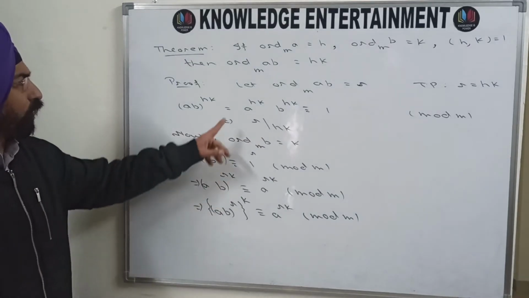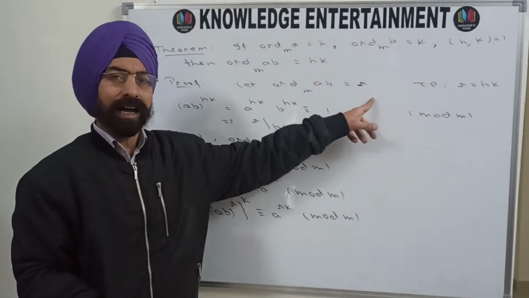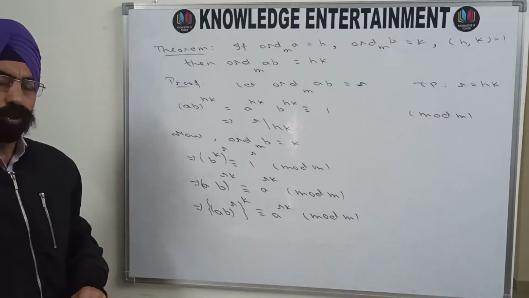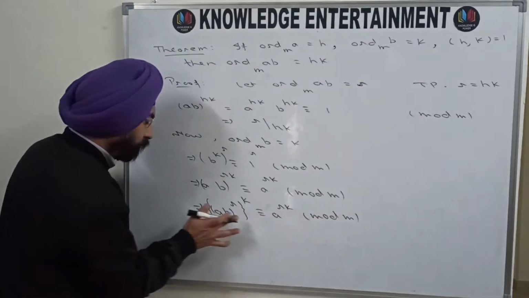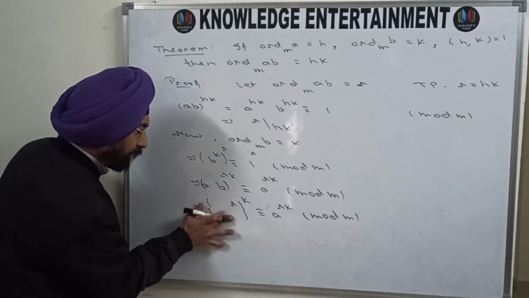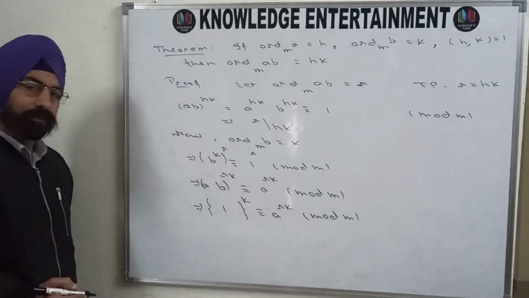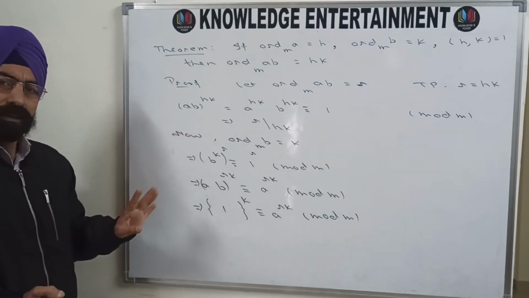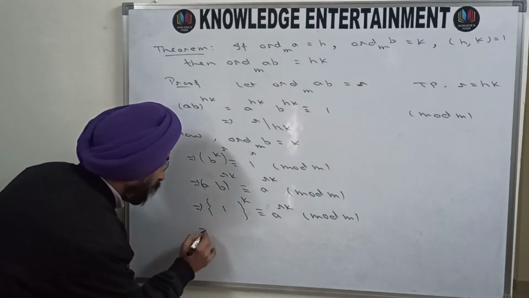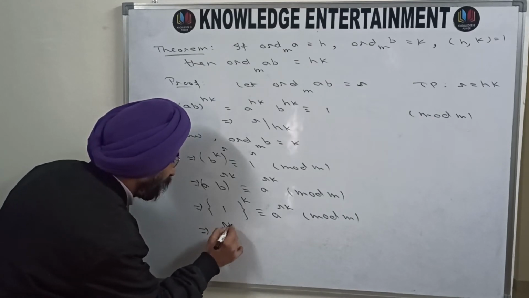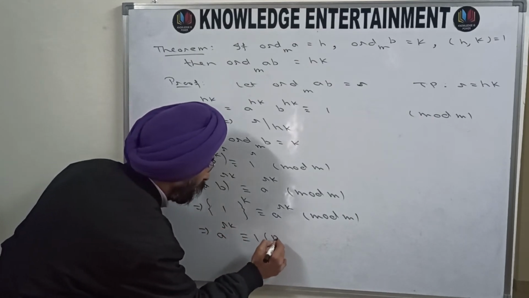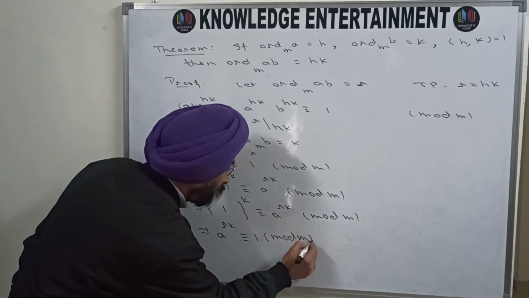Now order of ab modulo m is r, so (ab)^r is congruent to 1 modulo m, and so this term is congruent to 1. 1^k is 1, so what we have obtained is a^rk is congruent to 1 modulo m.